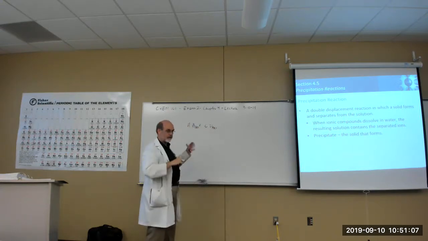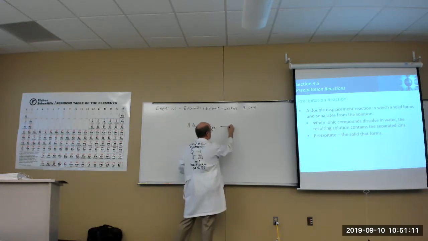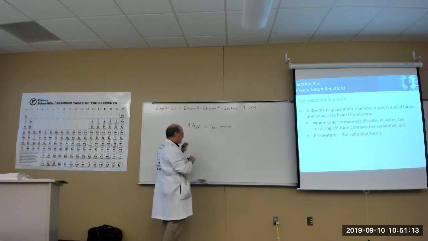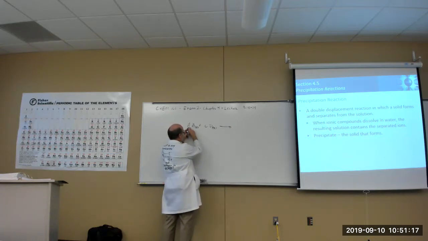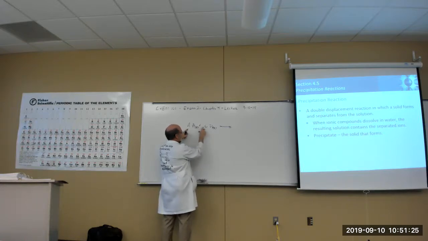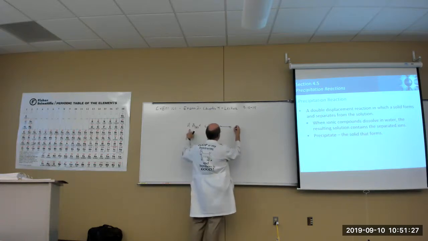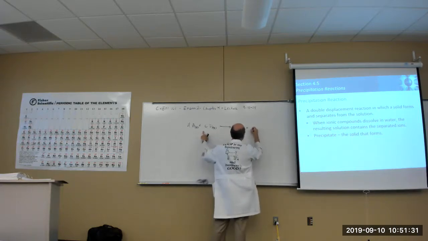They start off in solution, then we combine those two solutions. We'll get a double replacement reaction. In other words, the A replaces the C and the B replaces the D. So we just take the A and substitute for C, and we get CB plus AD.